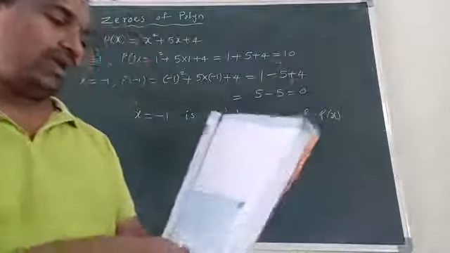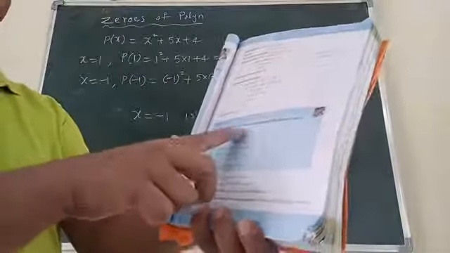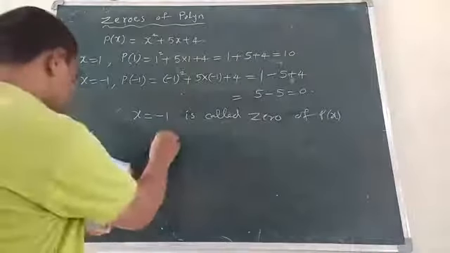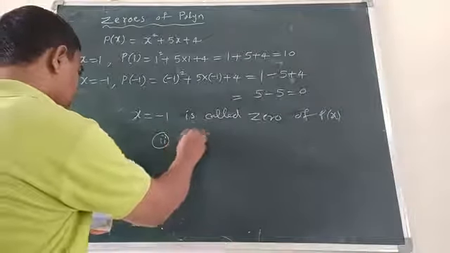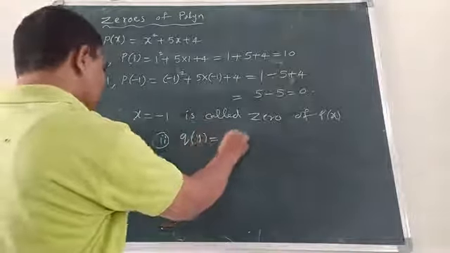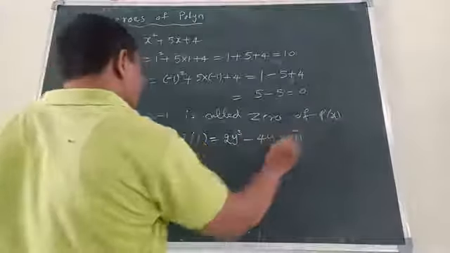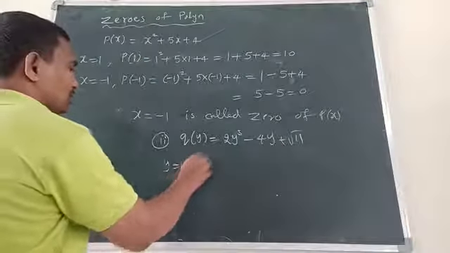So you verify, complete this, do these problems. Everyone must do. Find the values of each of the polynomials for the indicated values of the variable. Substitute x equal 1. I will explain the second one. Q of y equal to 2y cube minus 4y plus root 11 at y equal to 1.